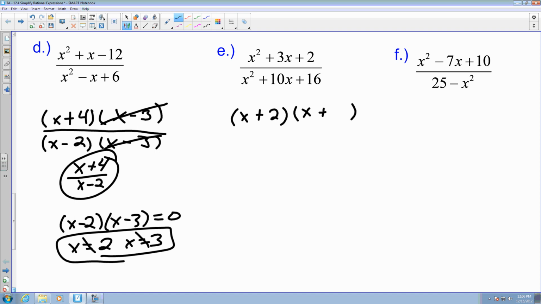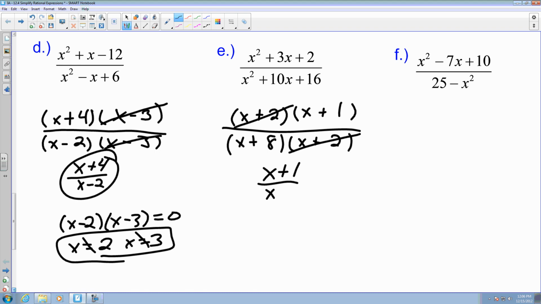And I would say it's 2 and 1, divided by parentheses, parentheses, x, plus, and 8 and 2, because the sum of 8 and 2 is 10, product of 8 times 2 is 16. I got 2x in the numerator, 2x in the denominator. Those cancel, so my simplified expression would be x plus 1 divided by x plus 8.